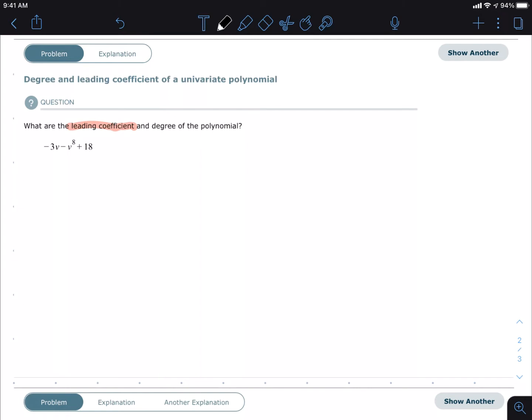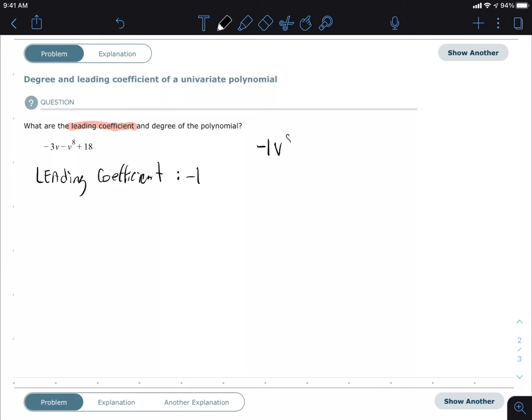And since it's to the 8th, what's the number in front of v to the 8th? 1. Close. Negative 1? That's it, Itzel. Very good. So my leading coefficient here is -1, right? Because I'll rewrite it so you guys see it in descending order.